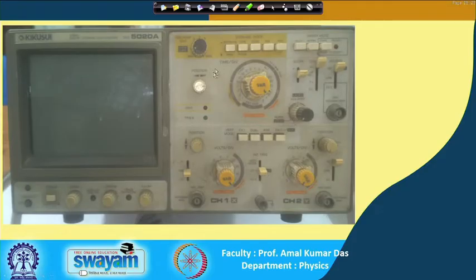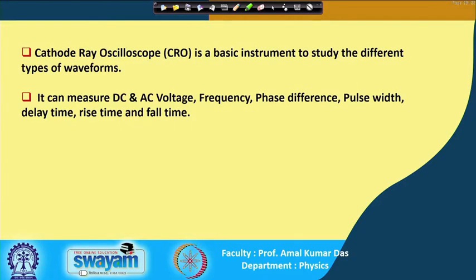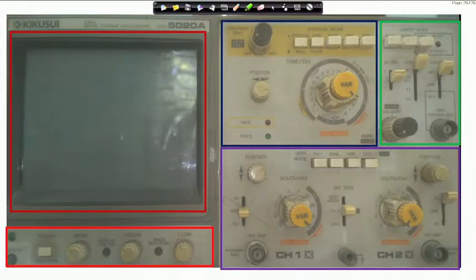This is another set of knobs. And this lower part is again demarcated, another set of knobs, and this fourth set of knobs is also demarcated, right. So if you see the front panels of the CRO.